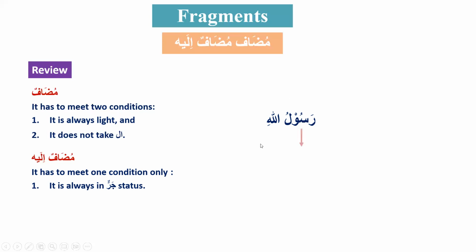And now we will call them mudaf and mudaf ilay. And it means messenger of Allah. There is an invisible "of" between the two. Messenger of Allah. This is mudaf ilay. This is what we learned yesterday. Inshallah, we will add more to it.